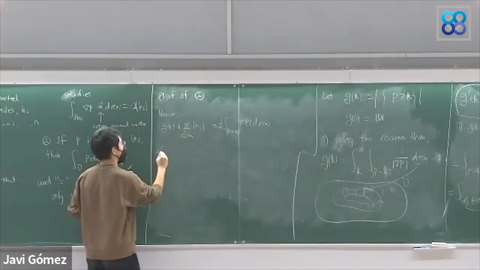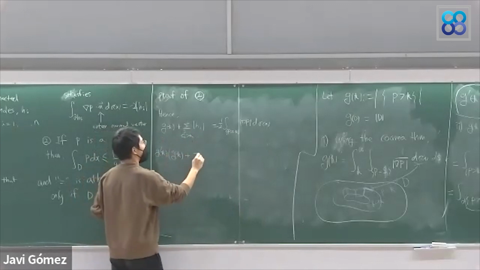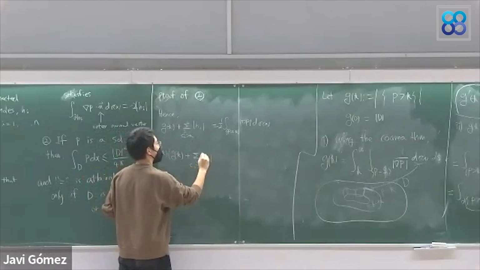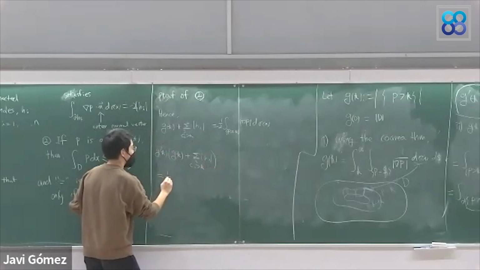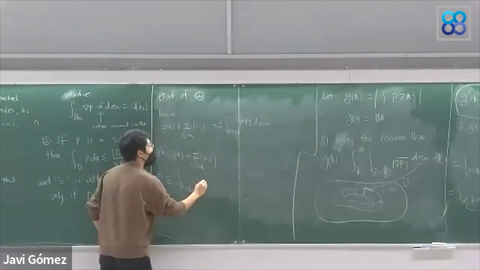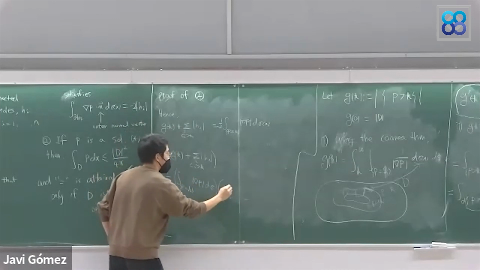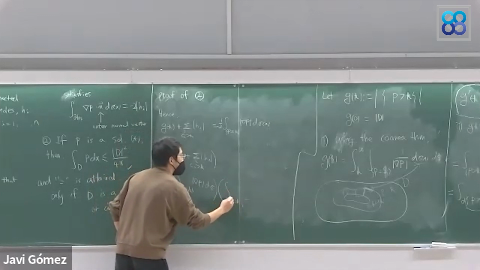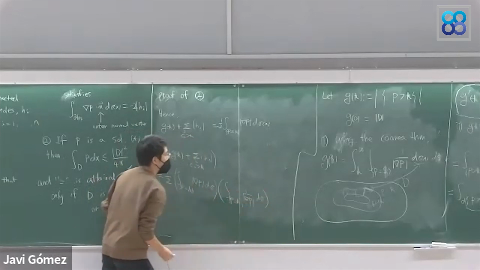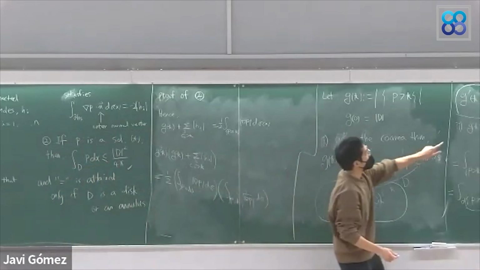So g prime k times g k plus the sum of c_i to the k h_i is going to be 1/2 times gradient p, the sigma divided by 2k. 1/2, gradient p is sigma, right? And negative, because there's a negative sign here.